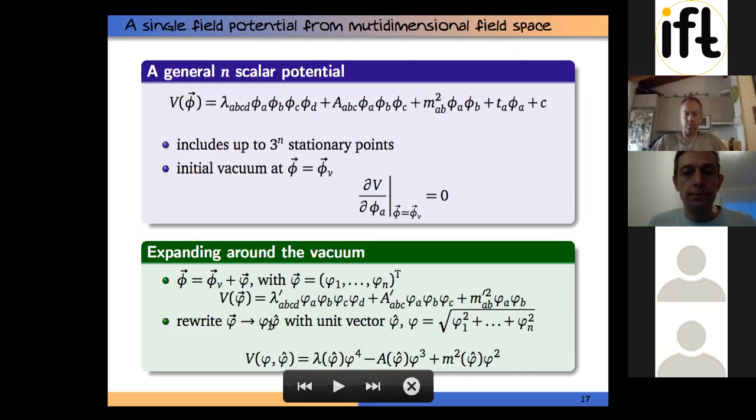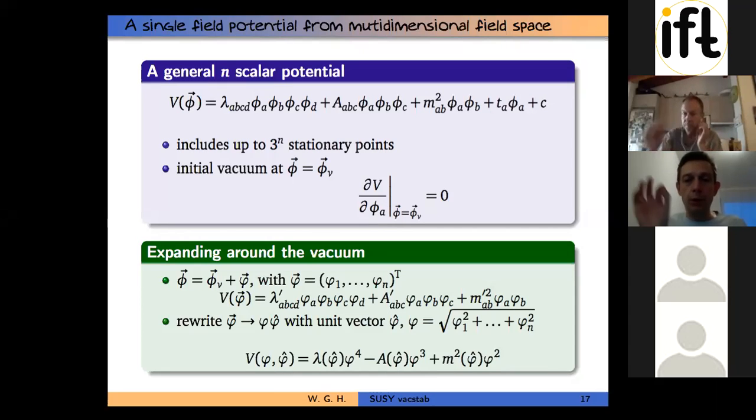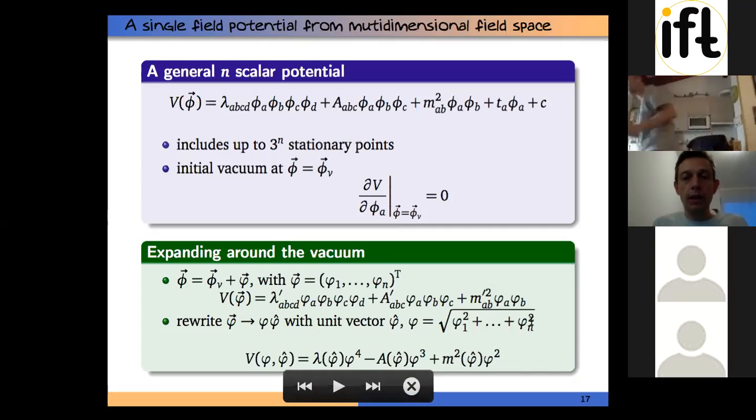And at the end, we define a unit vector and the length, where the unit vector basically points towards the interesting region in the field space, points towards the new vacuum, and the length is then given, of course, by the usual vector length.